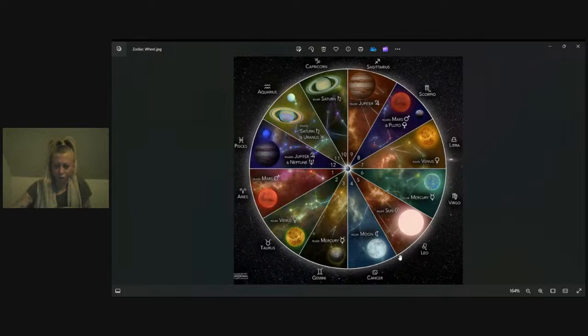So from 12 to 2, 2 to 4, 6 to 8, 8 to 10, 12, 2, 4, 6. So 6 p.m. here is again when it's entering Libra, and when the sun generally sets, or goes further away from us in the west.